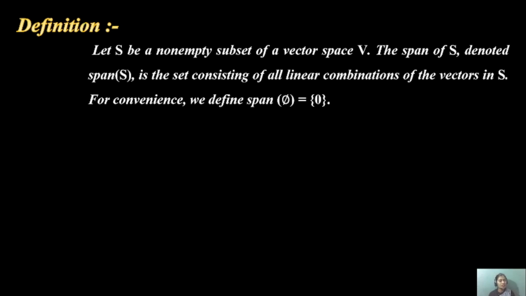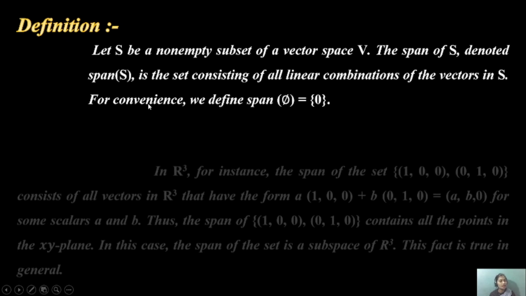Okay, what is the definition of the span? The span is denoted by S. Let S be a non-empty subset of the vector space V. The span of S, denoted span S, is the set consisting of all linear combinations of the vectors in S. Okay, this span S is denoted by capital S. For convenience, we define span of the empty set phi equals 0. Span phi equals 0 will be generated then.